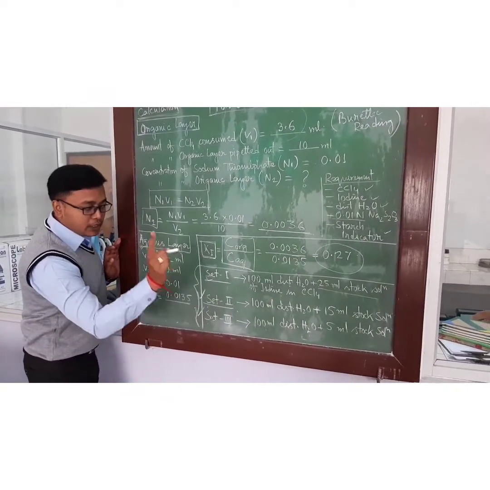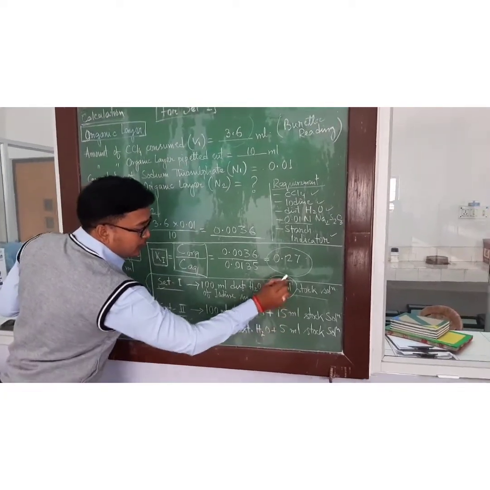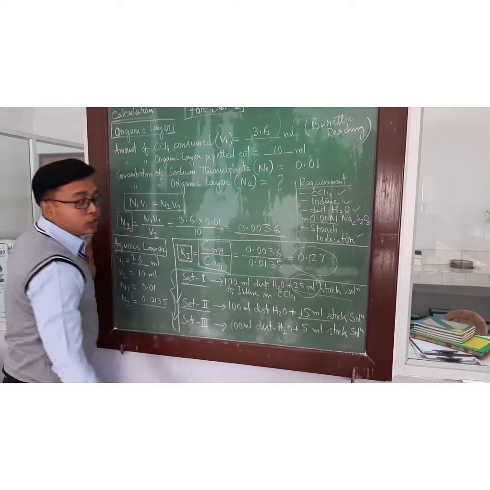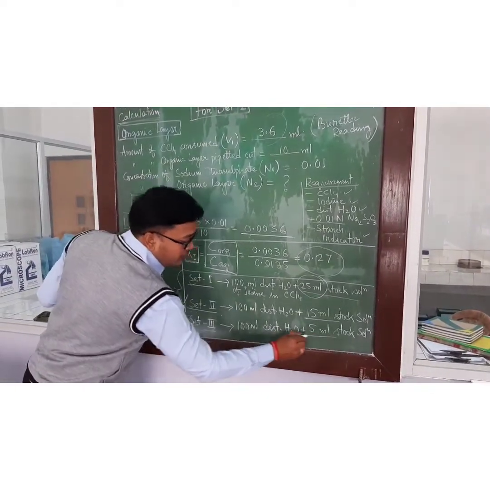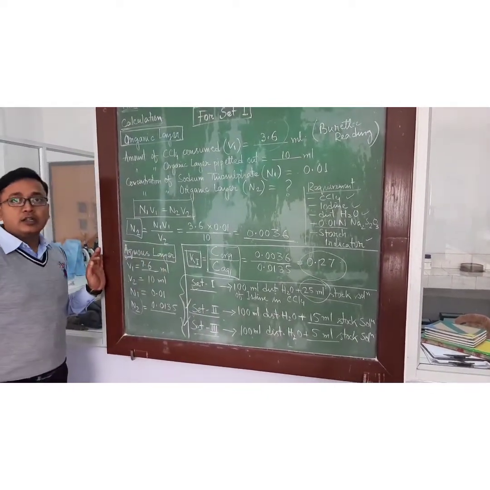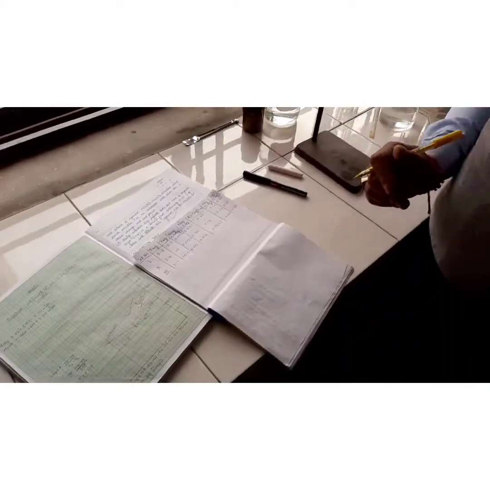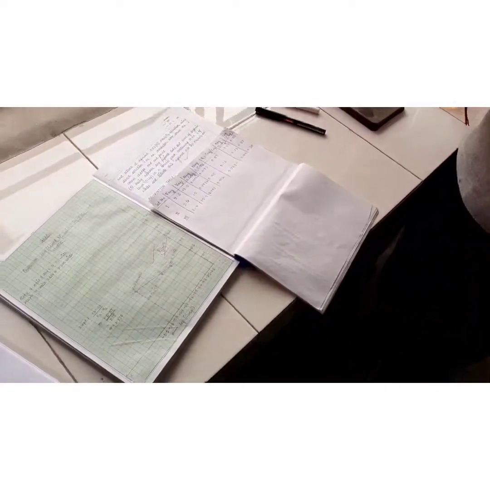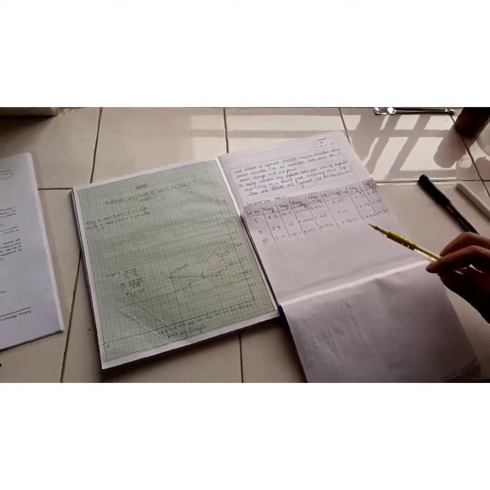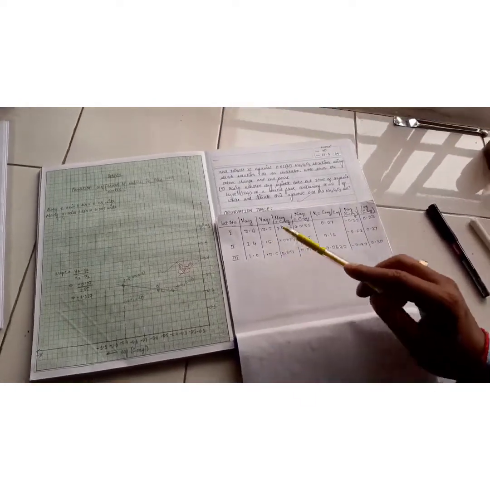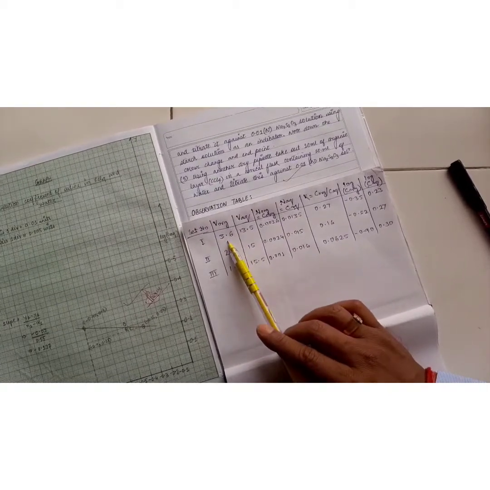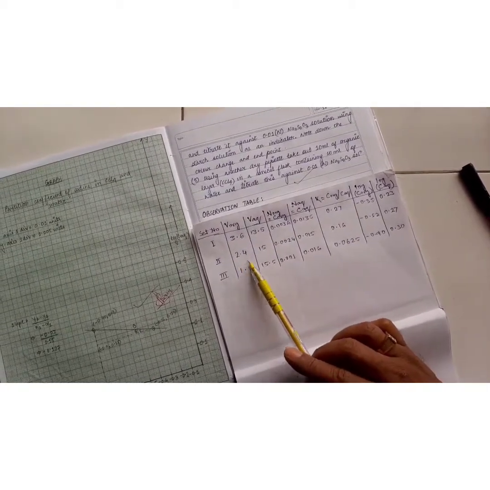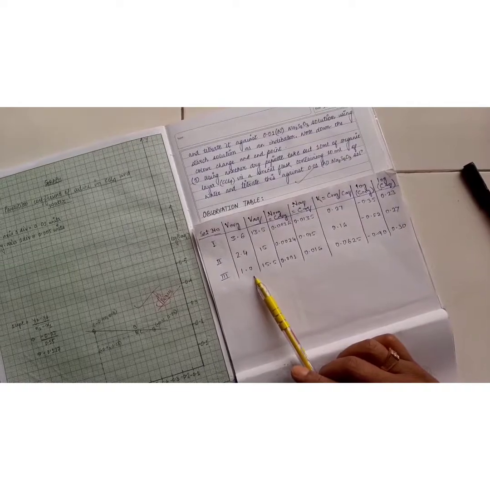For set 2, the only difference is that instead of 25 ml you have to take 15 ml stock solution, and in the case of set 3 you have to take 5 ml stock solution of iodine in CCl4. After performing all these 3 sets, we have already got all the values. See those values: V organic is 3.6 in set 1, 2.4 in set 2 and 1.0 in set 3.